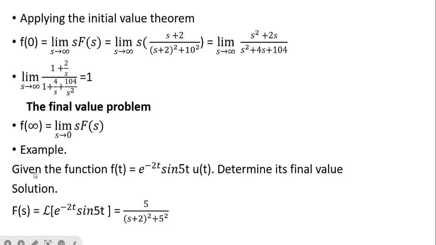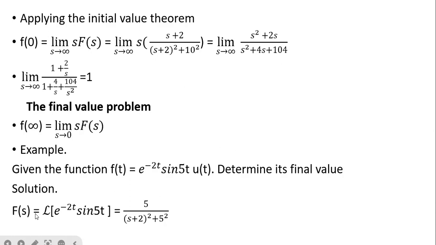So, example: given a function of this form, determine its final value. Solution: we have f of x is equal to that. When we take the Laplace transform of this function, this will be equal to this. You recall that we told you this is a frequency shift problem, because it's going to cause a shift in this side, 5t.